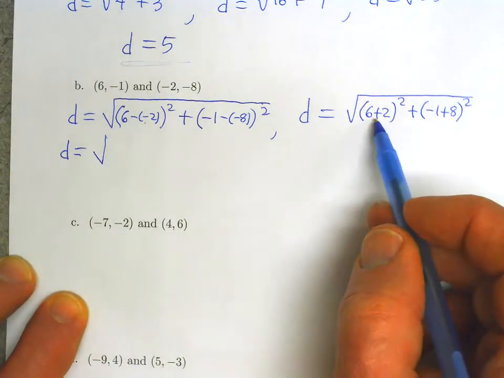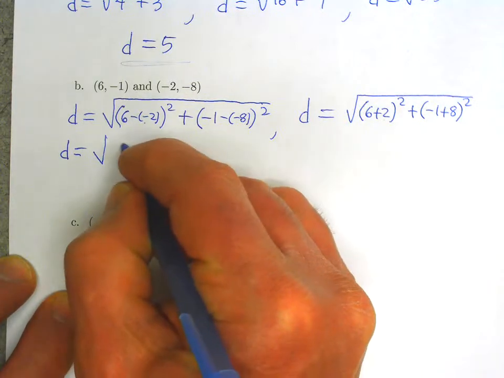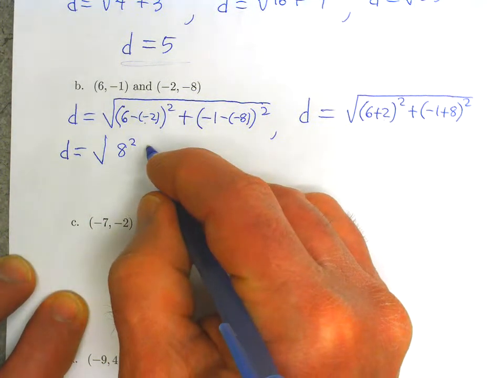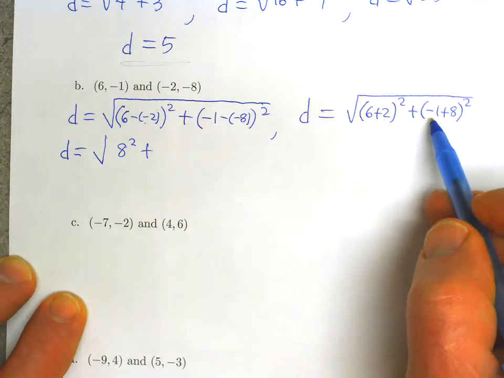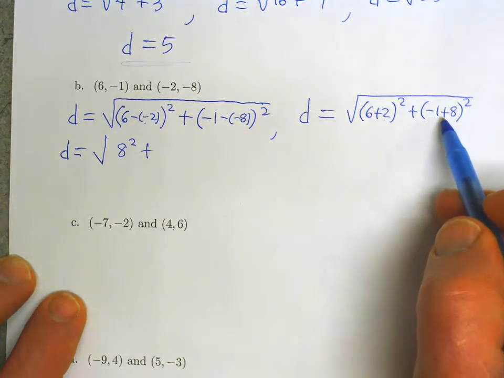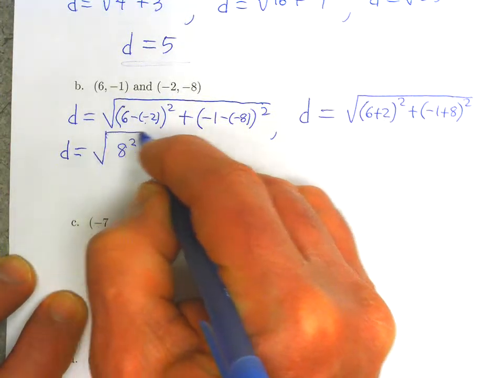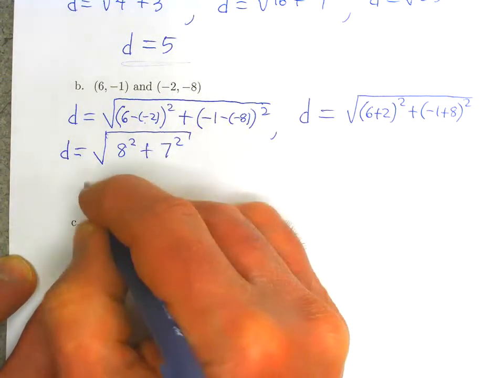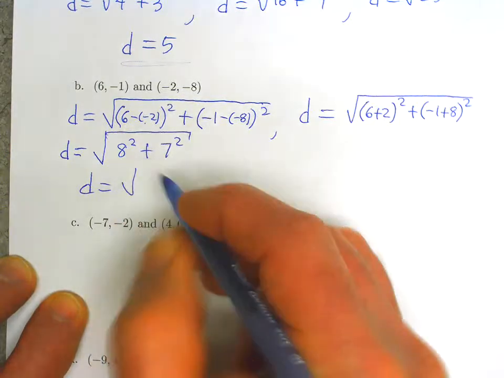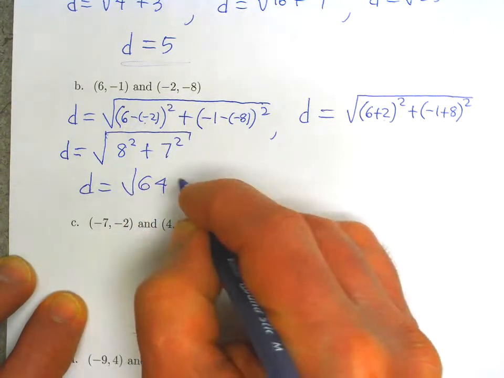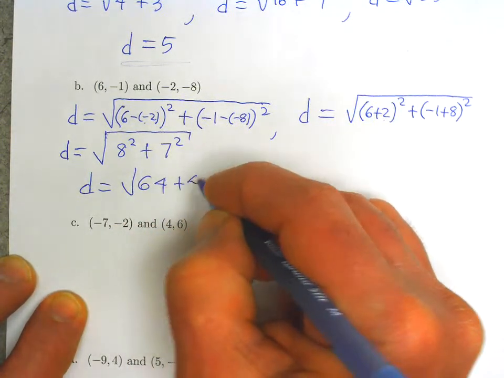So inside the square root, 6 plus 2 is 8, so we have 8 squared. And then in the other set of parentheses, -1 plus 8 is 7, so we have 7 squared. And 8 squared is 64. 7 squared is 49.